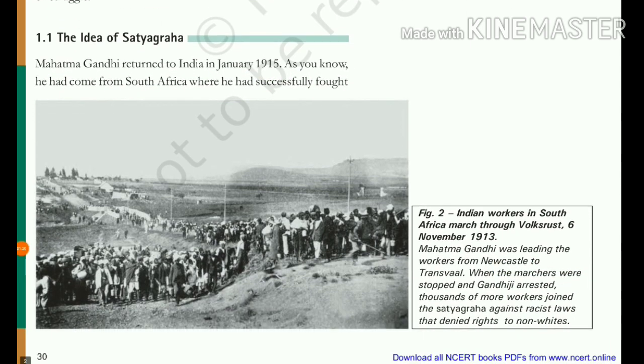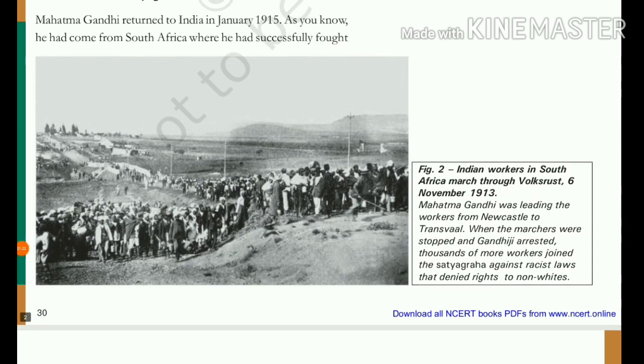Here they have given a picture regarding the Satyagraha movement he carried out in South Africa. Indian workers in South Africa marched through Volksrust on 6th November 1913. Mahatma Gandhi was leading the workers from Newcastle to Transvaal.